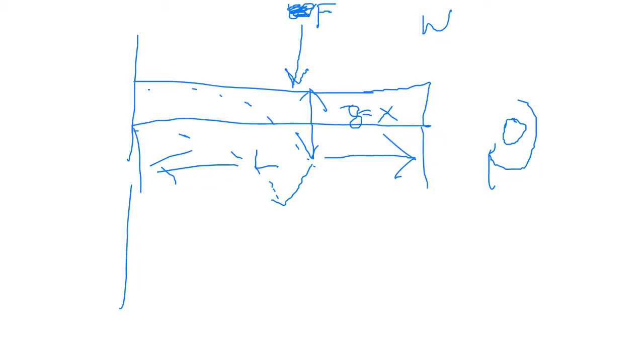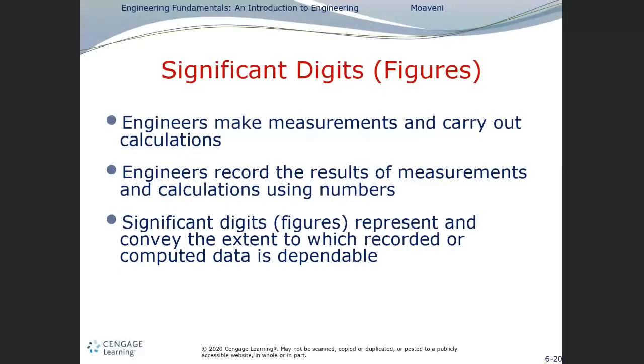All right, cool. The other thing I want to share is significant digits. I know it's probably pretty elementary, but I always get students that miss this, and it's okay, so I'll just go over it. Significant digits are the figures engineers use when making measurements and carrying out calculations.